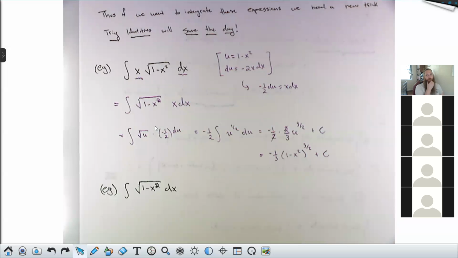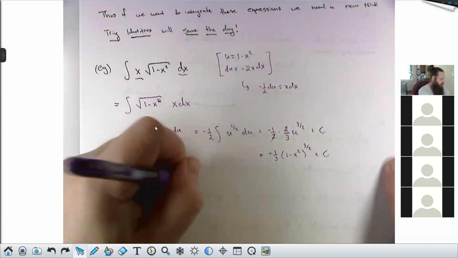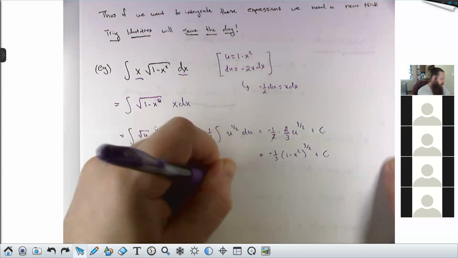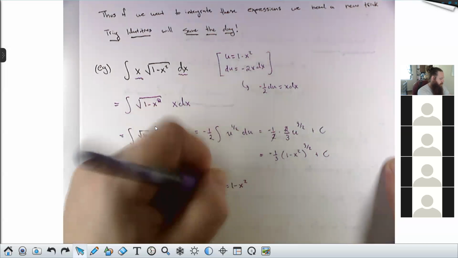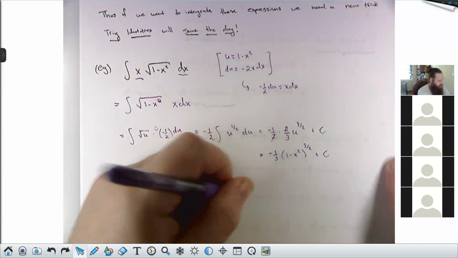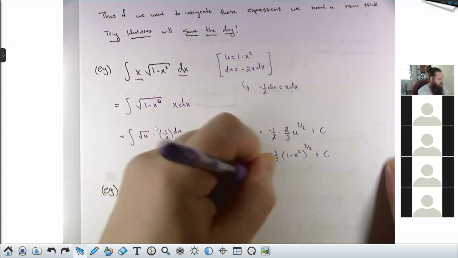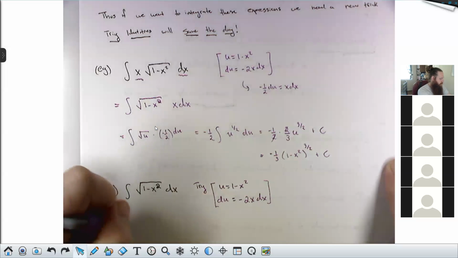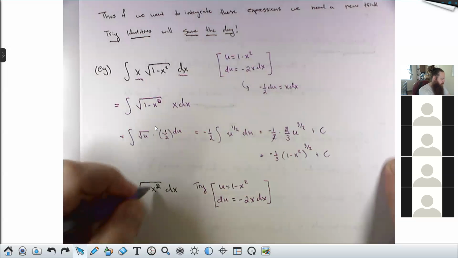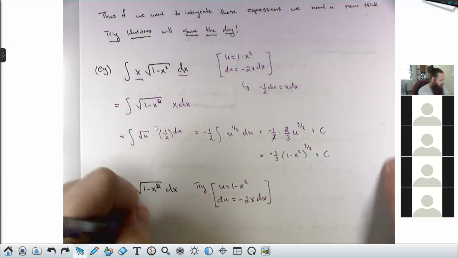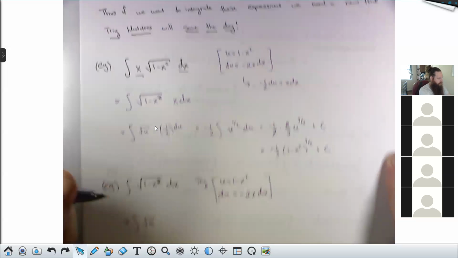Here's the integral without the x out front. If I try to do the same thing, du is still negative 2x dx. The integral of the square root of 1 minus x squared would still be the integral of the square root of u.